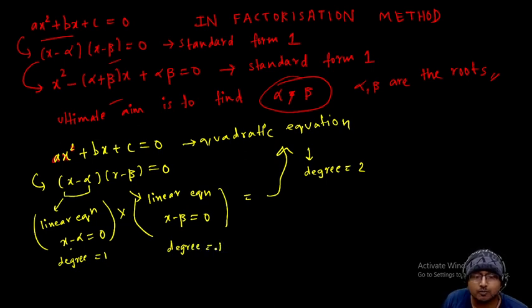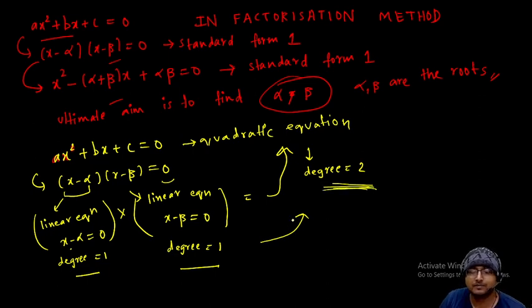So when you multiply the two equations of degree 1 and degree 1, you will get a degree 2. Did you get the point? While multiplying one linear equation with another linear equation and equating it to 0, you will get a second degree quadratic equation. Okay, so that is one more important theme you have to understand.